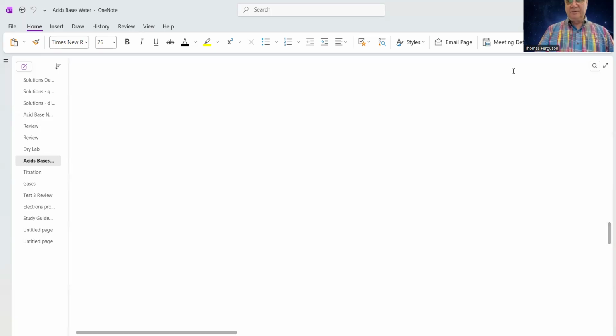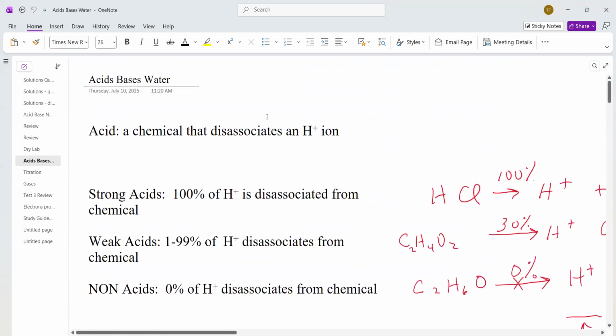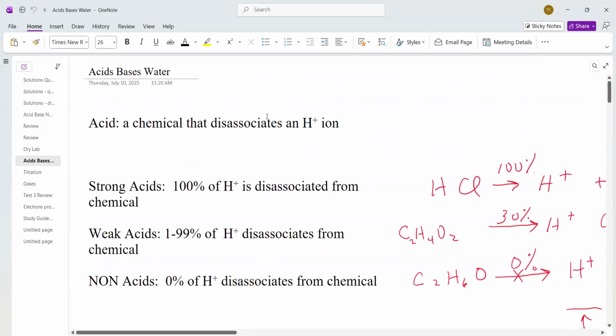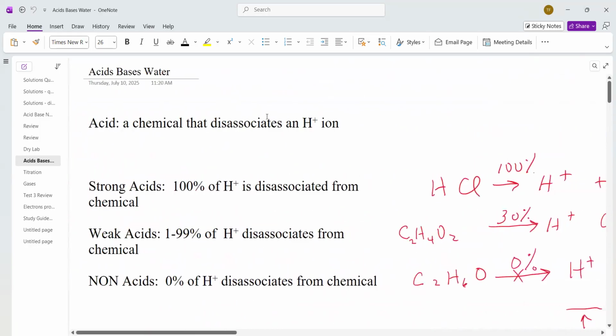Okay, so let's get into what is an acid and what is a base. Let's talk about a base first.